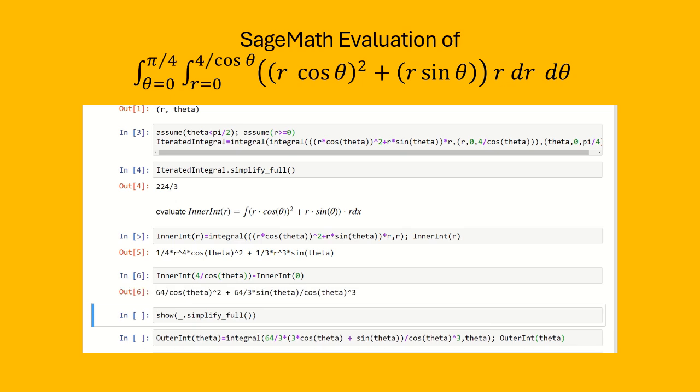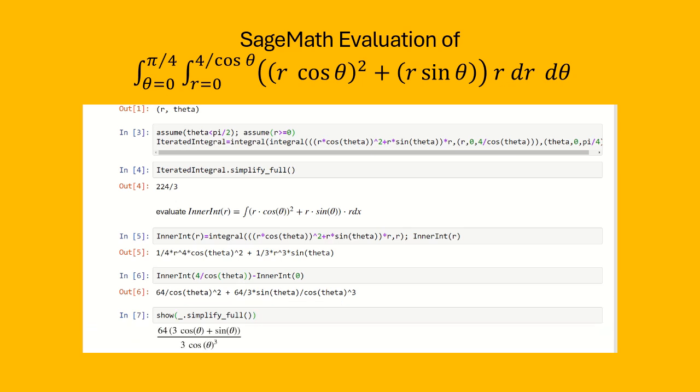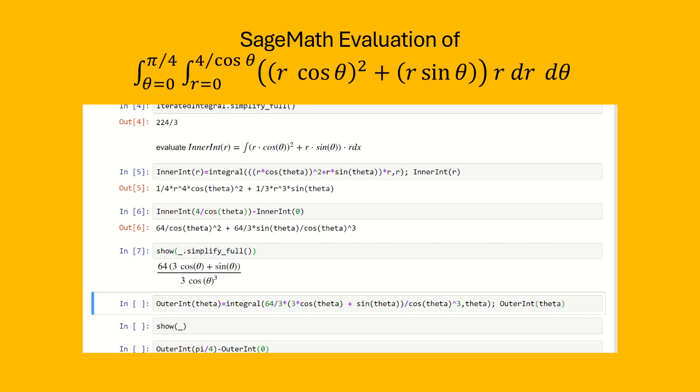And it turns out to be all of this stuff: 64 divided by cosine theta squared plus 64 thirds, sine of theta divided by cosine of theta cubed. Let's simplify that and see what we get. Well, it didn't simplify too much, did it? So we have this as the value of that inner definite integral.